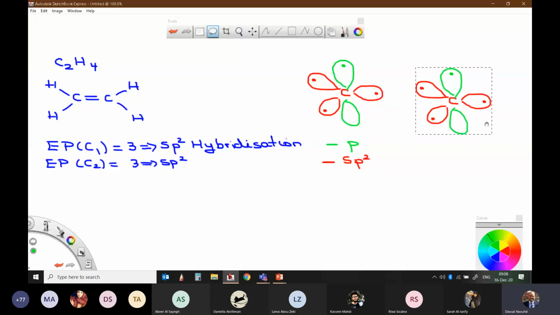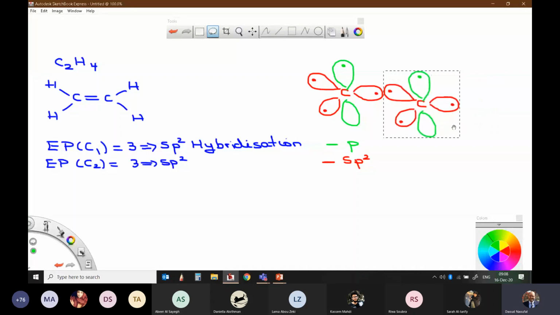Okay, so now we will do the bonds. Look at the bond between these 2 carbons.